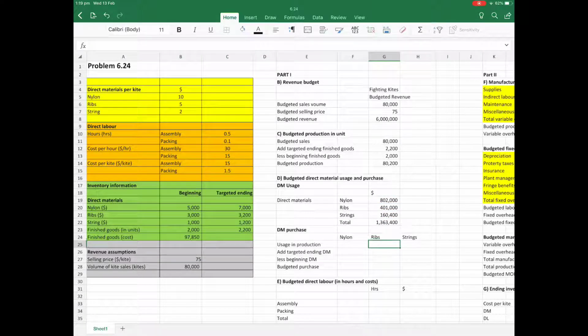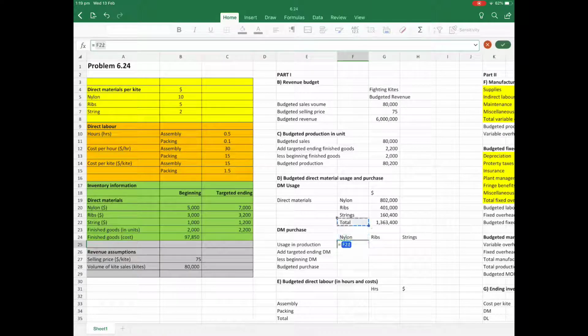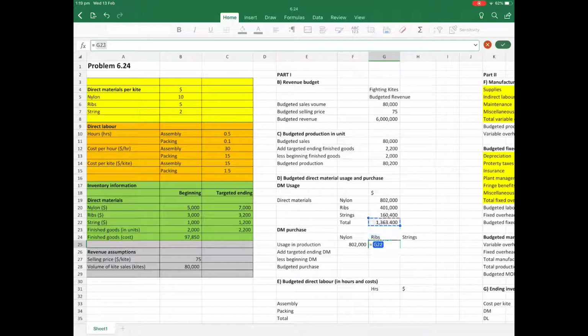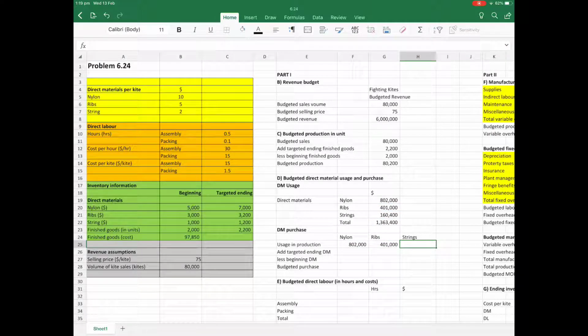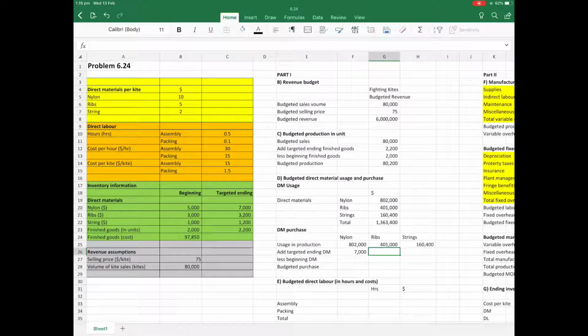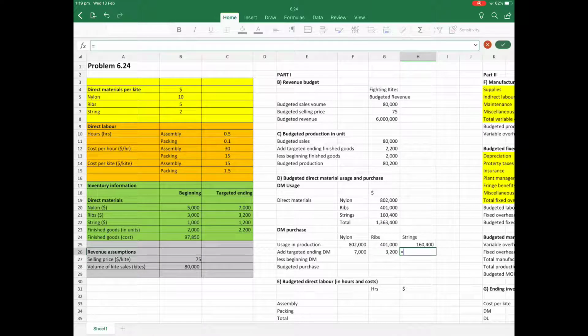Okay, now we move to direct material purchase. Again, we start with how much we use during the production. I will transfer the amount we just calculated here. And we add targeted ending materials, which is in the green box, for nylon, for rib and for string.